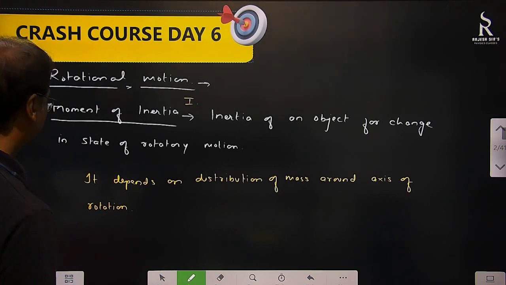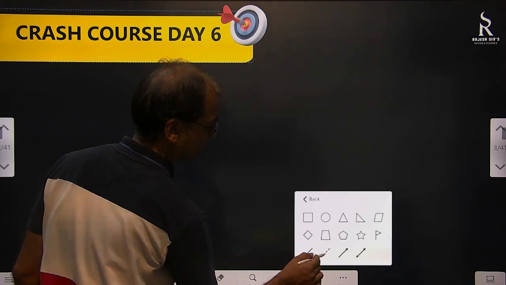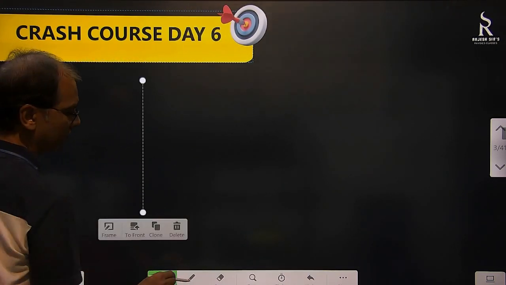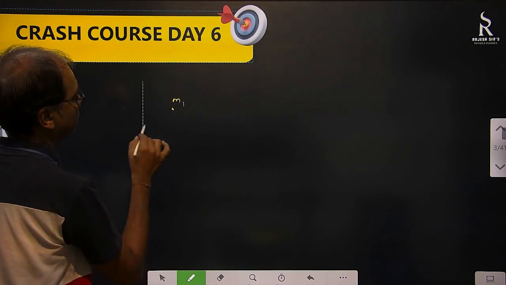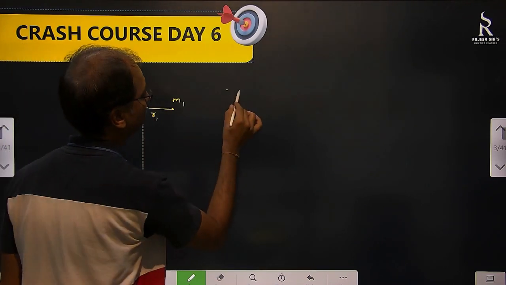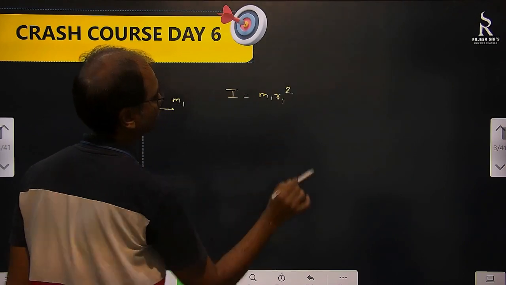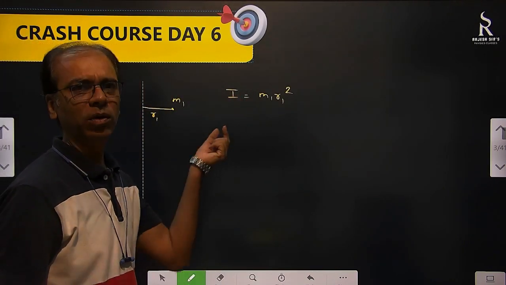Then what is the formula? Take one axis, and suppose we have mass m1 at distance r1. Then the moment of inertia of this is m1 r1 square. The formula is m r square.